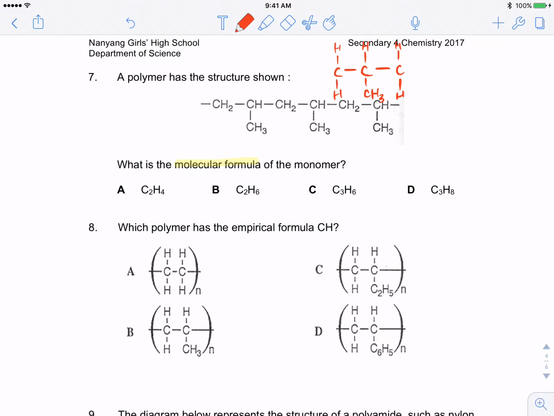So it goes on and on. Can you recognize that this is actually your polypropene and this is one repeating unit? So what is the monomer? The monomer is propene, which looks like this.